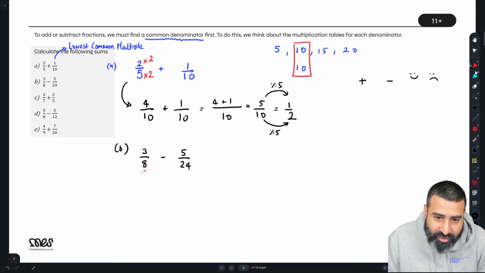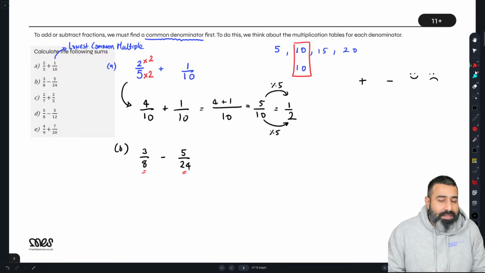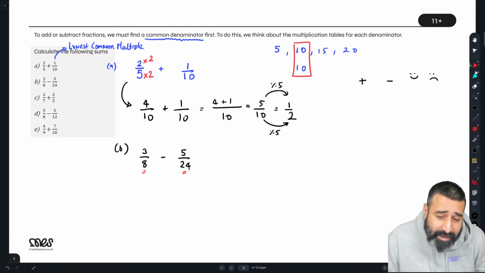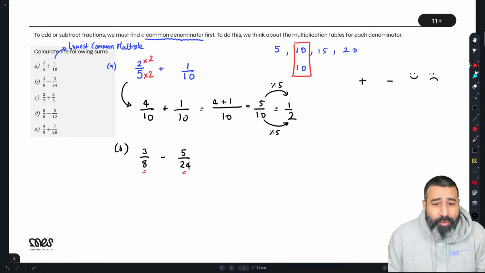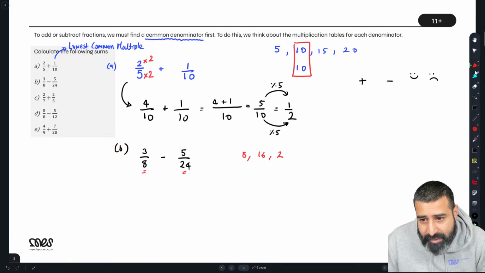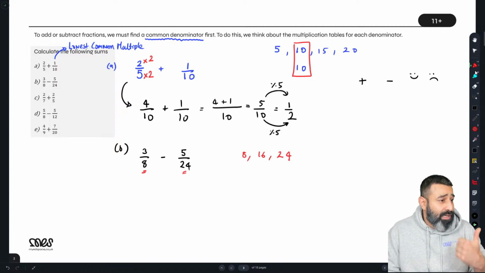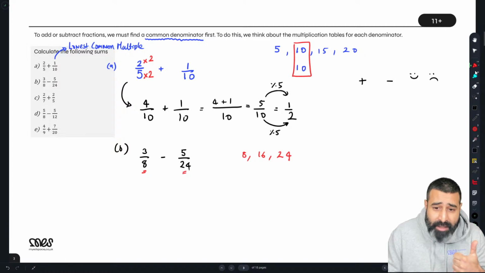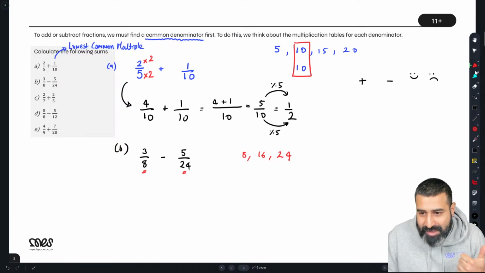These guys are not the same. We don't have a common denominator. We've got something divided by 8 here and something divided by 24. So let's write down the 8 times table first. 8, 16, 24. So we're looking at the 8 times table here because we're trying to find a lowest common multiple. And then let's look at the 24 times table.